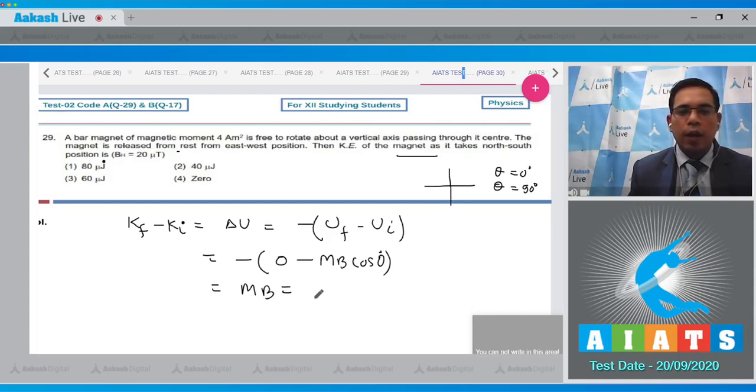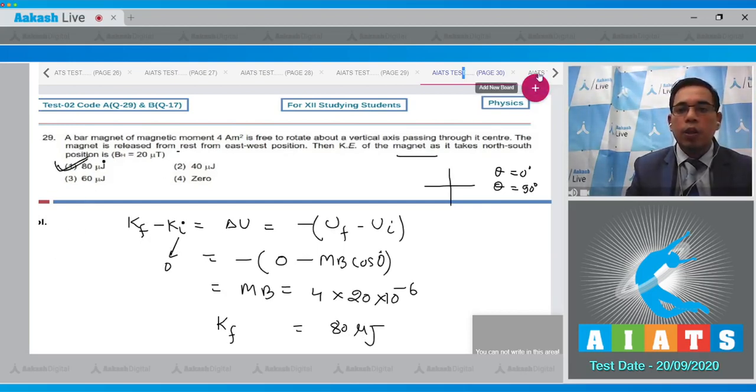After putting the values, m is 4 ampere meter square and B is 20 times 10 to the power minus 6, that is 20 microtesla, and it gives us 80 microjoule. Hence K final will be 80 microjoule because K initial is 0. Hence option number 1 will be the correct answer.